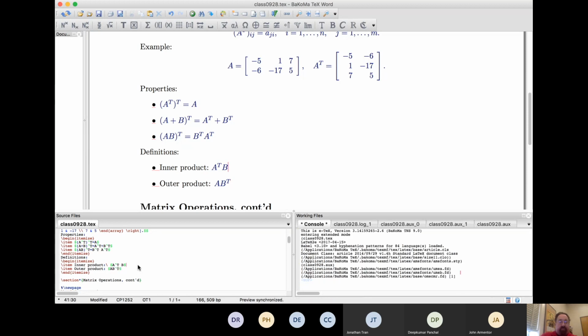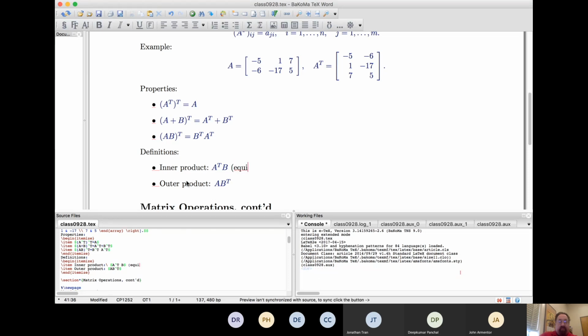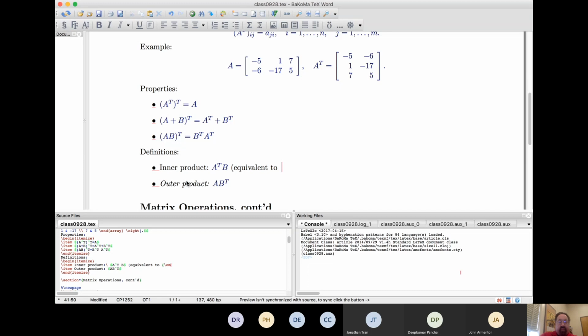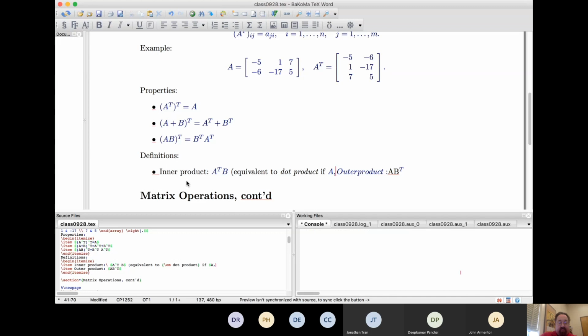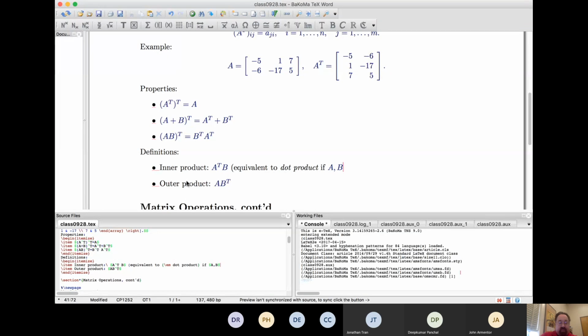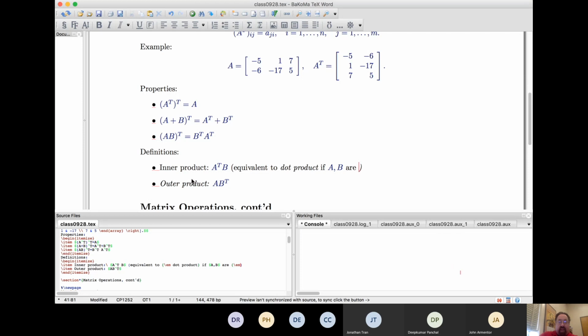Now I should mention about the inner product. This is equivalent to an operation that you are familiar with from calculus and possibly other classes. It is the same as a dot product if A and B happen to be column vectors.